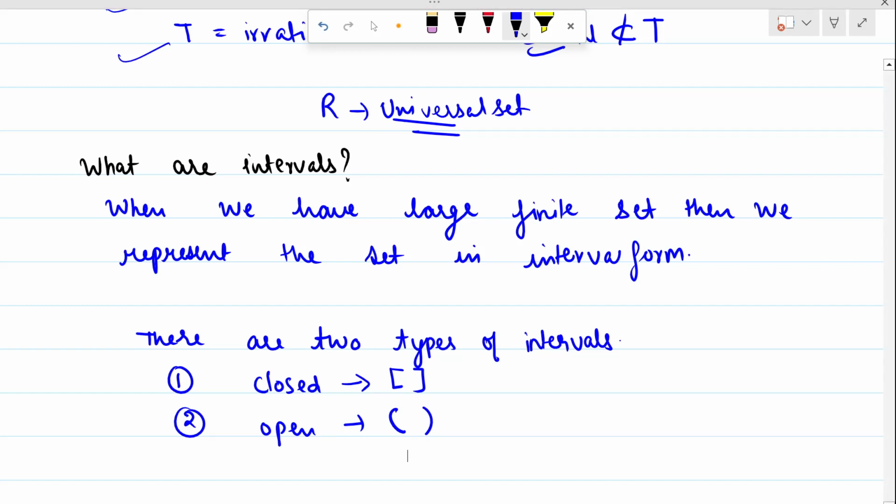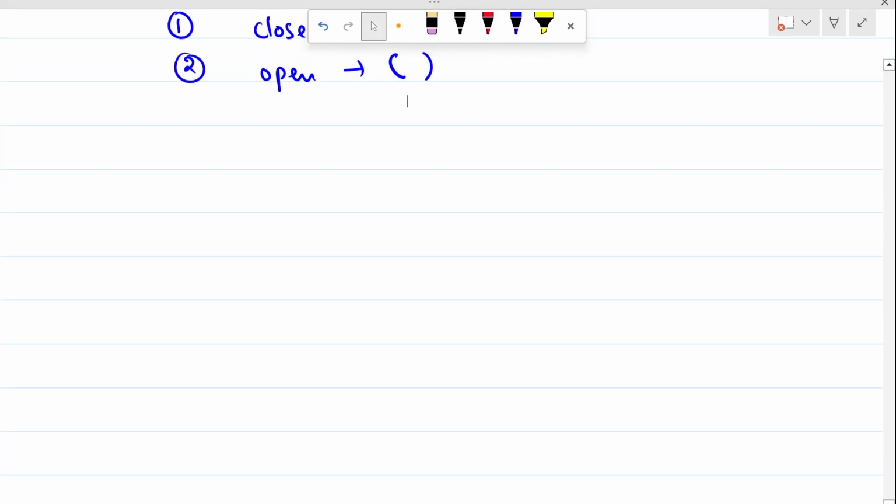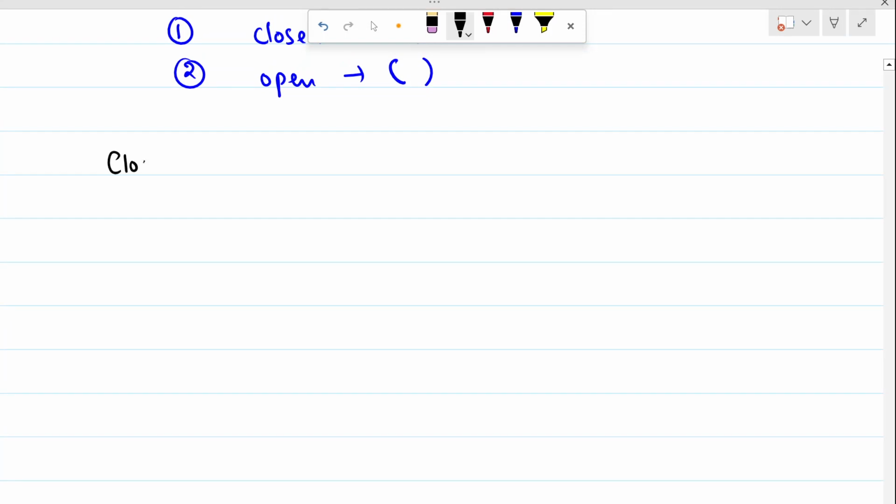So closed interval: let a and b belong to R, and a is less than b.